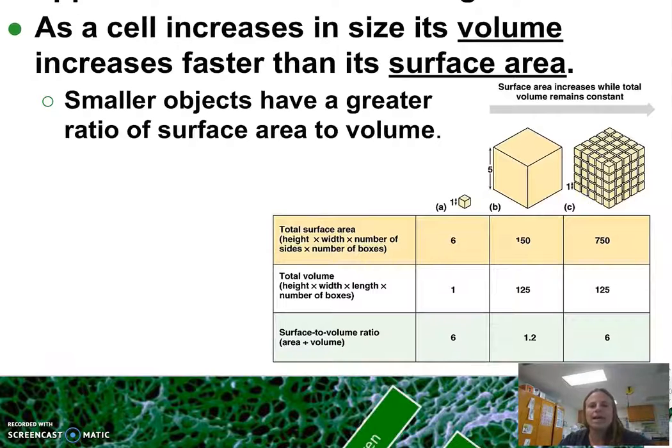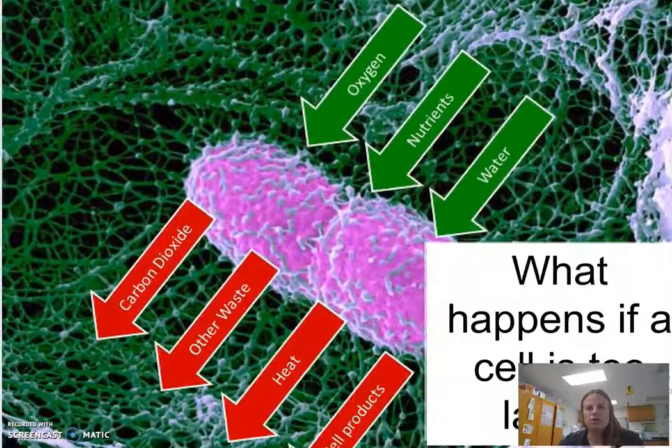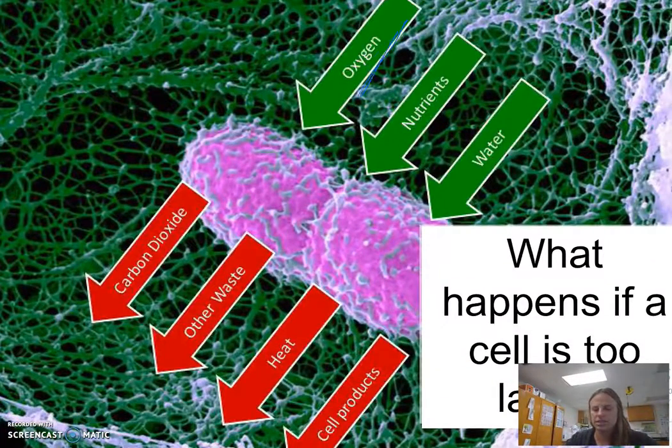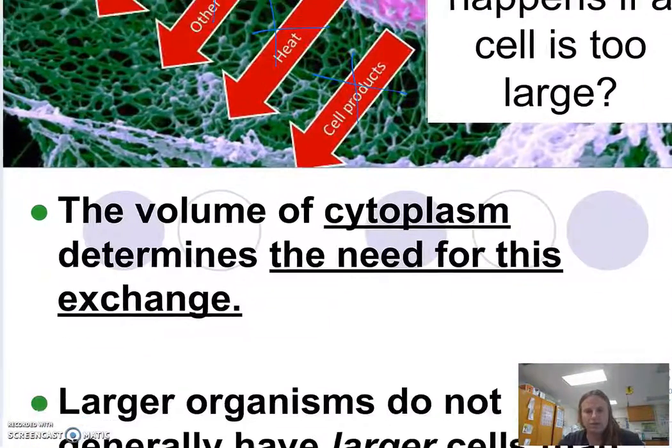What we want is a high surface area to volume ratio, because that's going to enable life processes to occur. It's going to enable oxygen to enter and nutrients to enter and water to enter. And it's going to enable that organism to get rid of carbon dioxide waste, heat, and other cell products that they do not want in their cell.